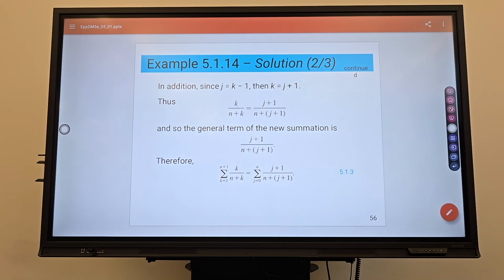So the general term for the new summation is j plus 1 over n plus j plus 1, and you add that to the summation.